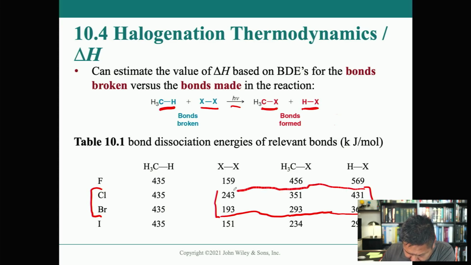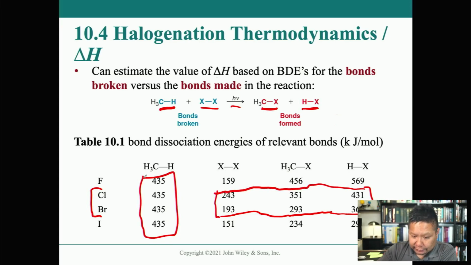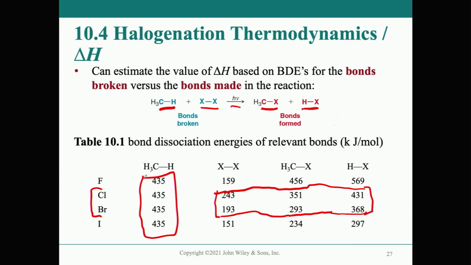All these are the same because they're all breaking off that one proton right there. But you can see that these are kind of similar to each other, while the other ones are a little off, and you'll see why in a second. Let me just move my head real quick so you can see. These are pretty close together, and these are pretty close together, but the fluorine is way up here at 569, and then the iodine is way down there at 297.